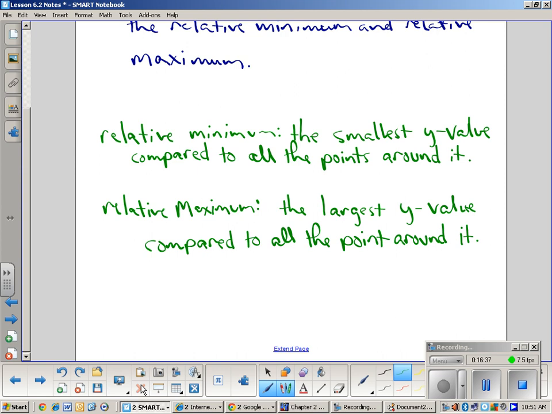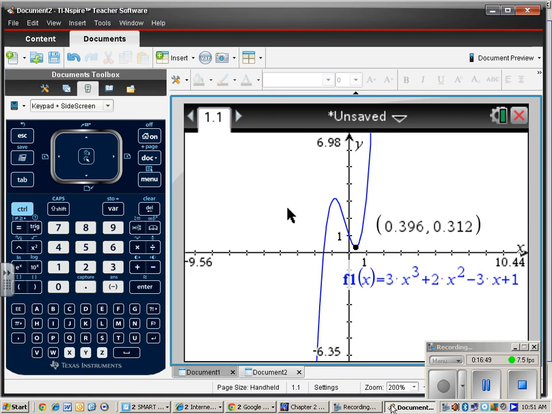What does it say the relative minimum is? The smallest y value compared to all the points around it. So what is my relative minimum? 0.312.